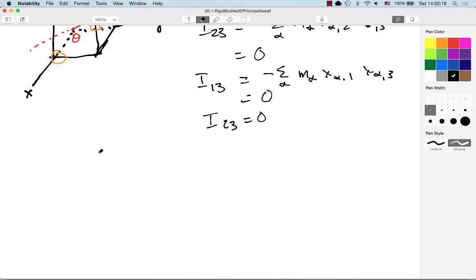Let's look, say, at our cube again. I can draw a cube. There we go. And we can go ahead and pick the center of mass of the cube, like so.